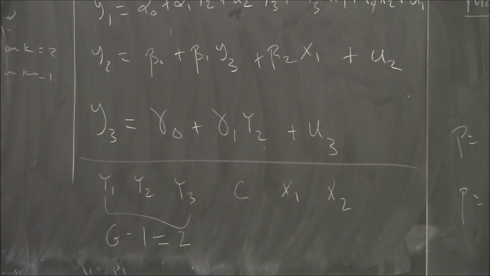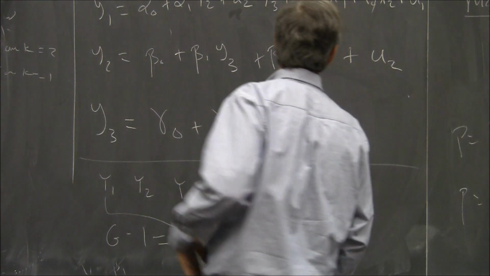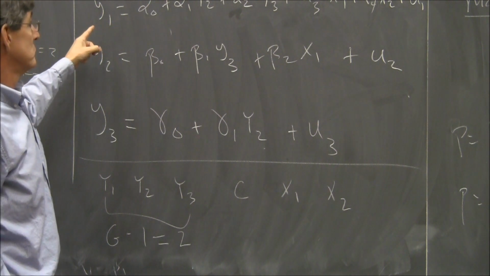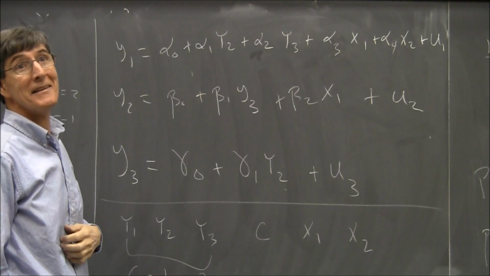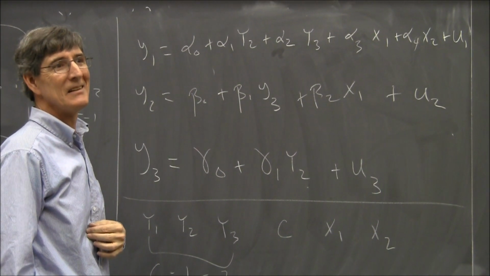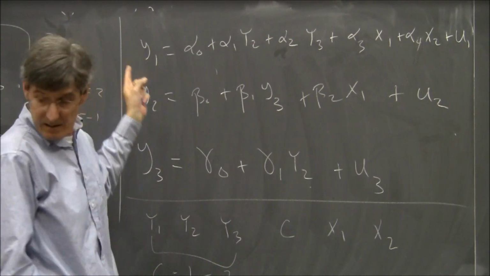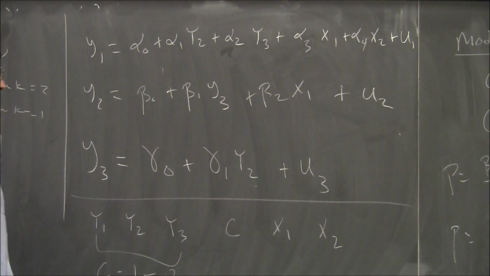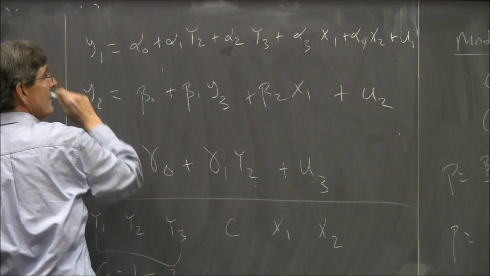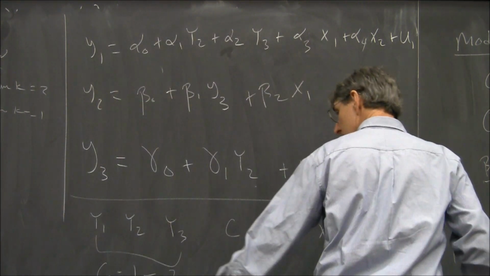Okay, so how many are excluded here? Sometimes 0 is the right answer. Is there anything included here? So that's not identified. So the first equation is not ID.